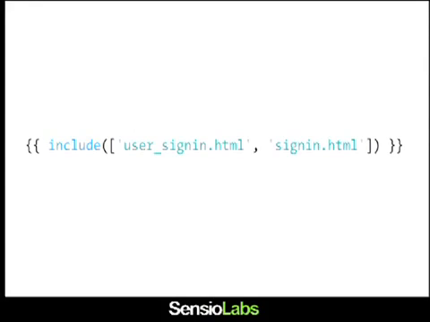Okay, so you can also pass more than one template here. That's kind of interesting. So what TWIG is going to do is try to include this user_signin.html template, and if it does not exist, it's going to fall back to this one. Why is it useful?